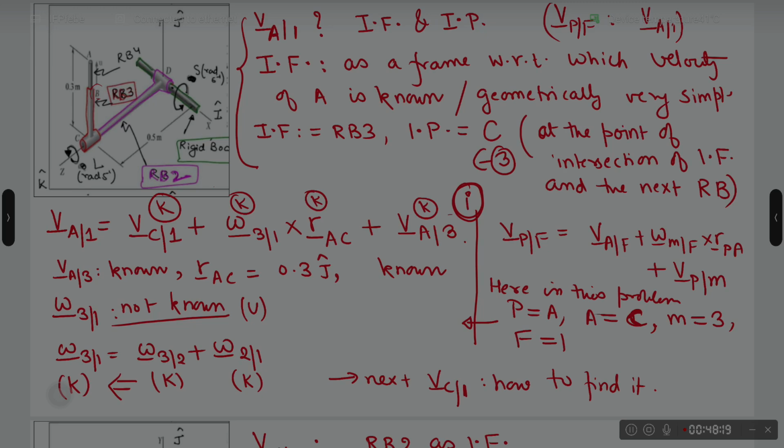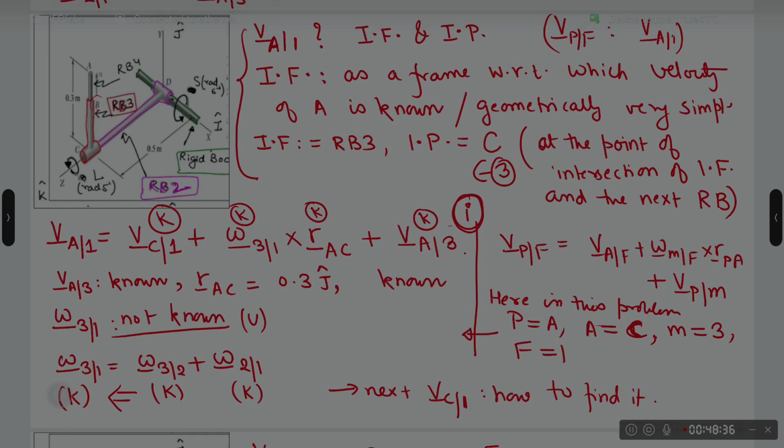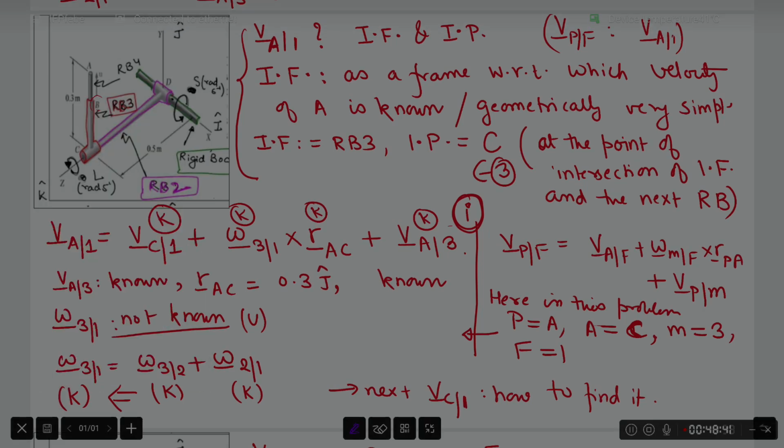So IF is frame number 3 and IP I am choosing as point C. It is always a good idea to choose the IP as a point of intersection of the IF that you have already chosen and the next RB that is attached to the body.